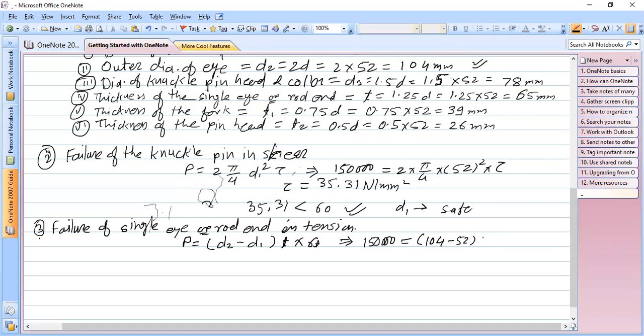The T value we got is 65 mm, so into 65 into sigma t. From there, just find out sigma t, how much are you getting.